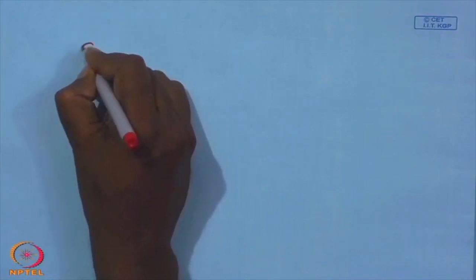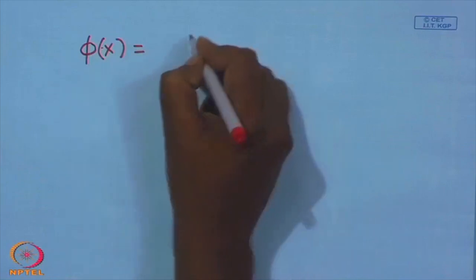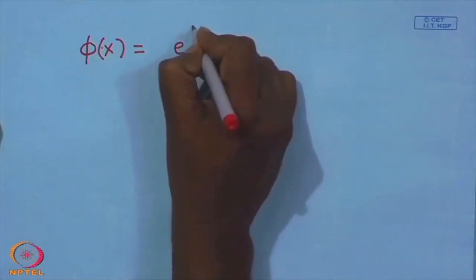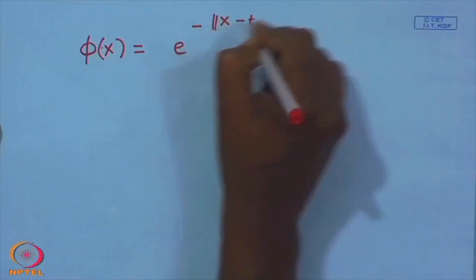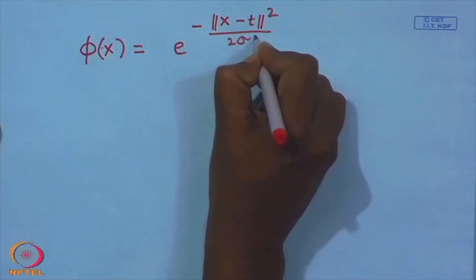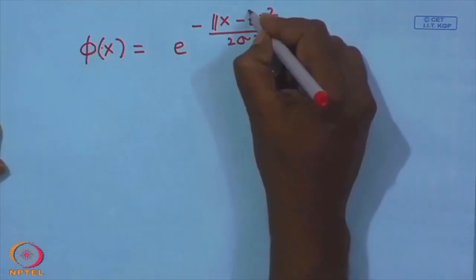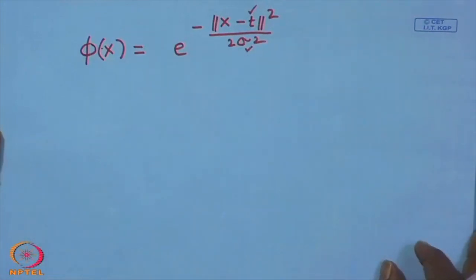So, if the radial basis function is a Gaussian function, something like phi of x equal to e to the power minus (x minus t) square upon 2 sigma square, where t is the receptor and sigma, which is the variance, decides the spread of the radial basis function.